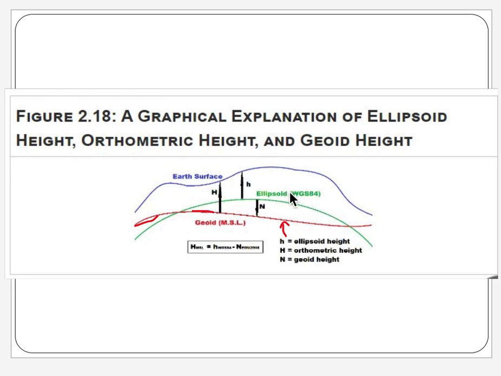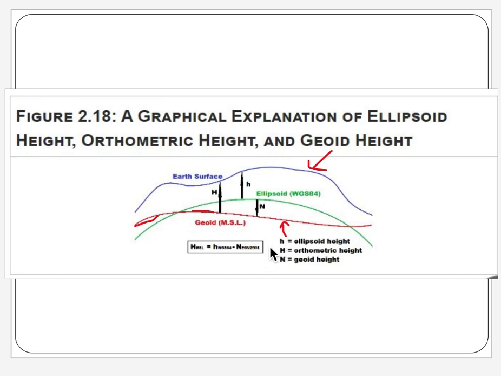In this example, our ellipsoid is WGS 84, again a globally referenced ellipsoid, and then we have our Earth's surface. The geoid is not going to be the same as the Earth's surface, because the geoid is a surface that represents where sea level would be if this ground surface was not here. And again, it can either be above or below the ellipsoid.